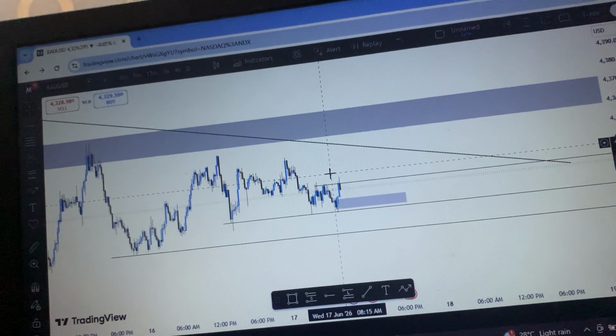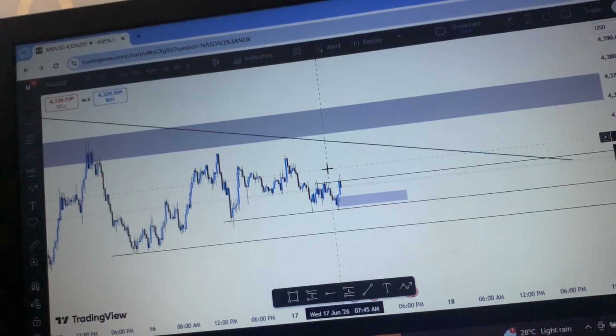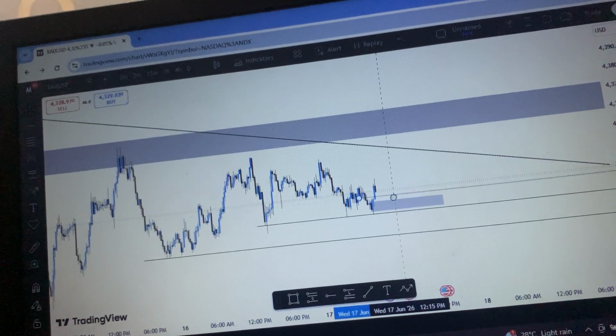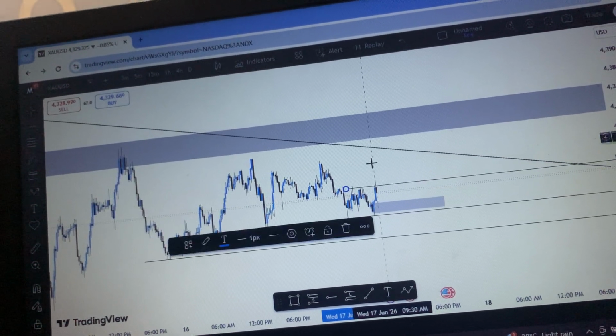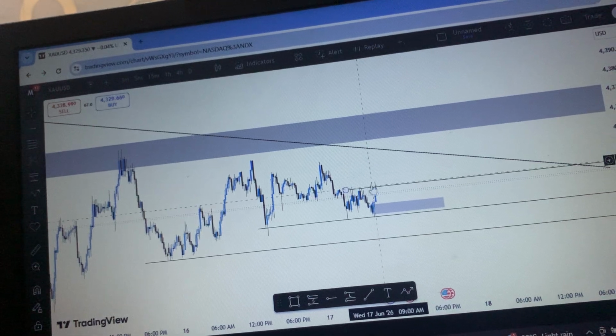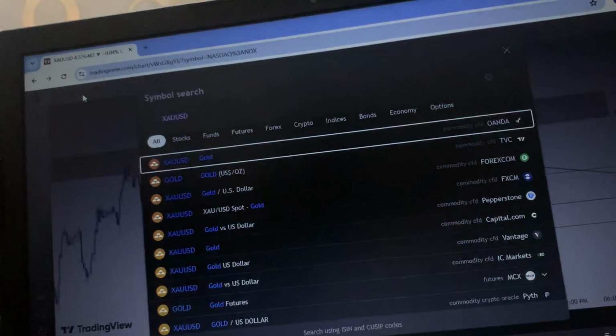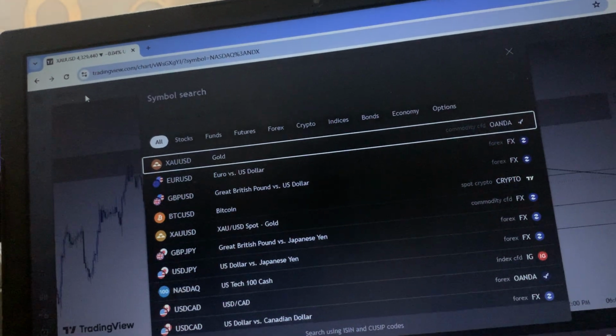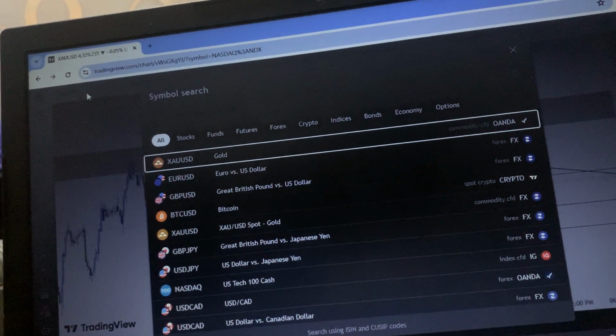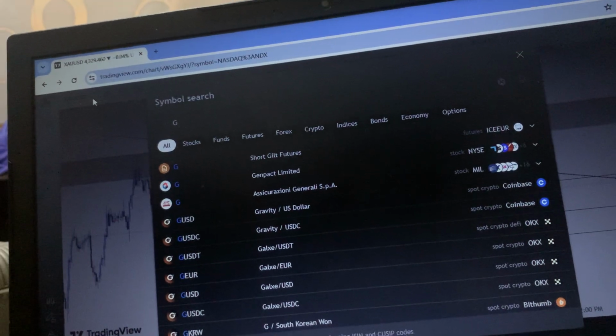So this was our analysis on XAUUSD. We are going to watch and see if the market does what we want, then we can take advantage. But if the market does something else, we are not going to take action on it.